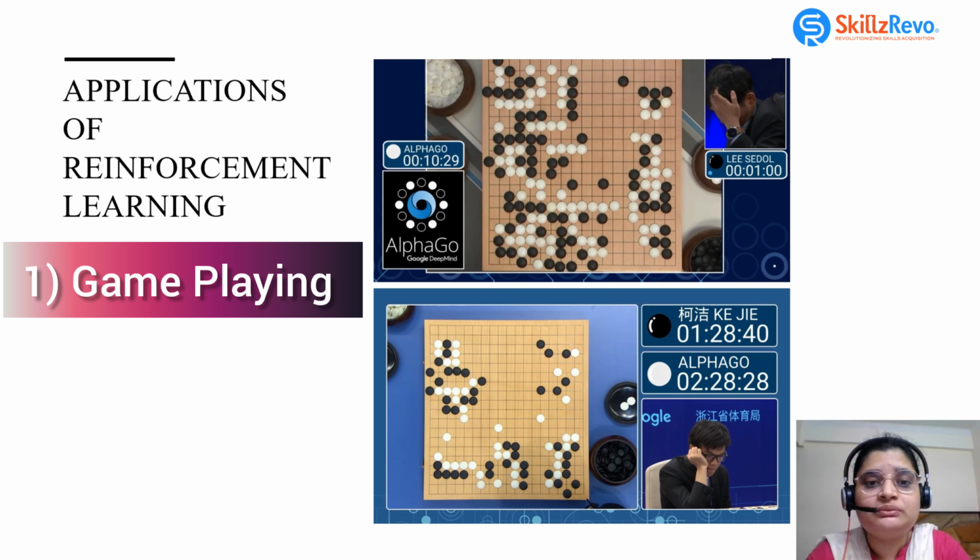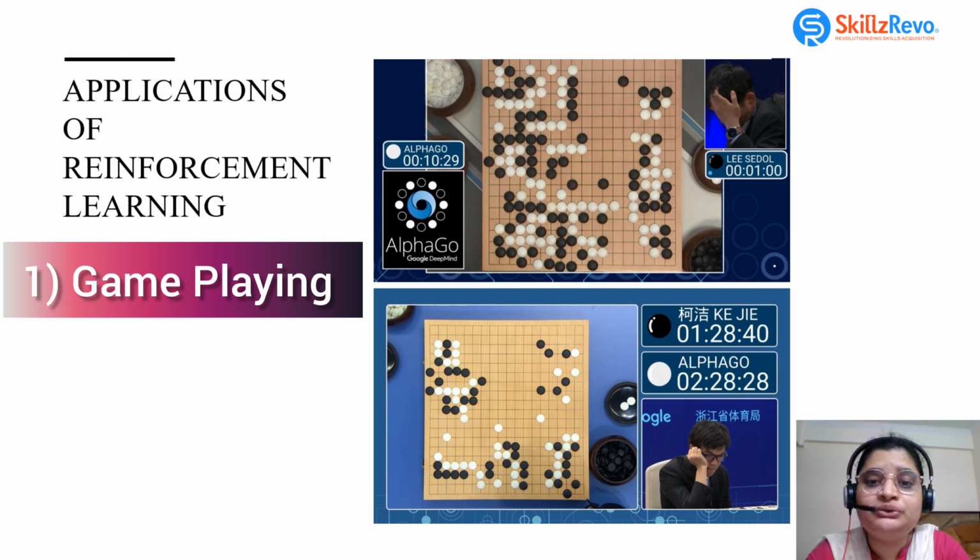So AlphaGo was developed by DeepMind, and it uses reinforcement learning to play the game of Go. And the interesting part is that it has mastered the complex game of Go.